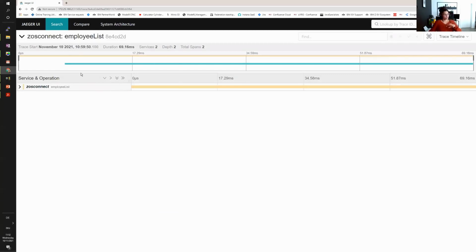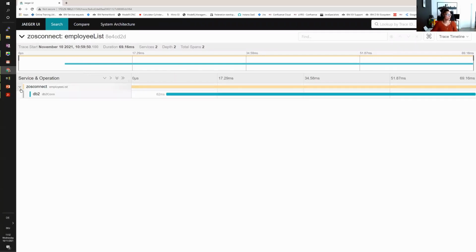Looking at this dashboard, we have a service called employee list. We don't need to worry about what that service is or does. We know that employee list is processed on a system called z/OS Connect. And we can tell from this trace that z/OS Connect uses DB2 to process that request. So from just this overview itself, which we can maybe akin to the metrics related to a trace, we know the tiers of the application call or the request.